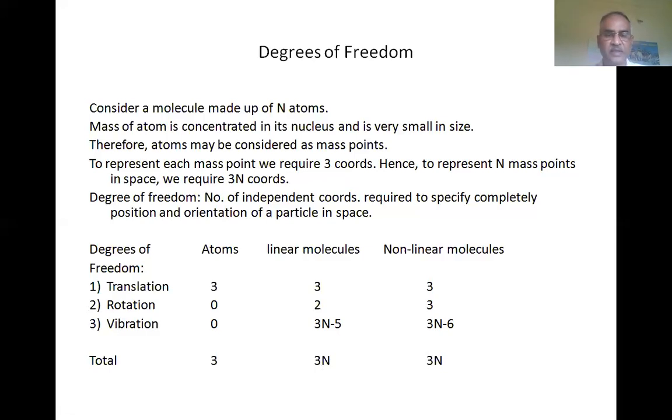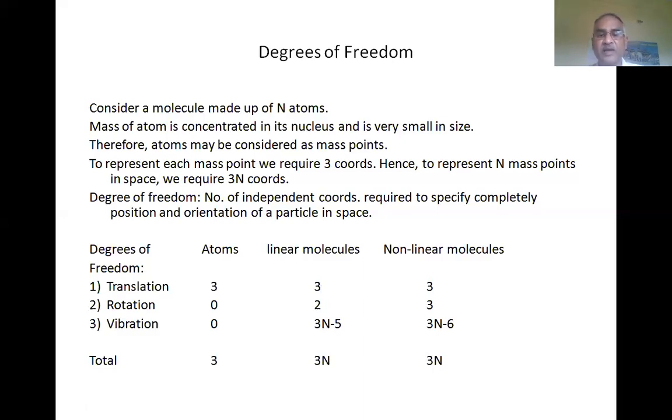in space. Out of these 3n, we have 3 of them as translational degrees of freedom, 2 of them as rotational degrees of freedom. Together 5. So you have to subtract this 5 from 3n. So it becomes 3n minus 5. And these are vibrational degrees of freedom for a linear molecule.